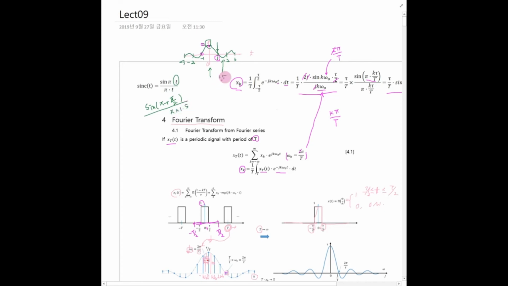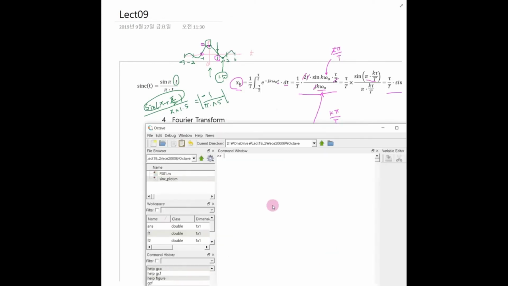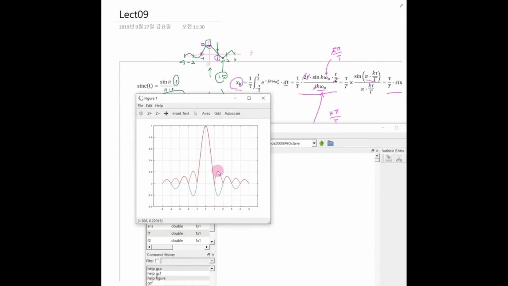Taking the absolute value of the minus 1 gives 1 over pi times 1.5.